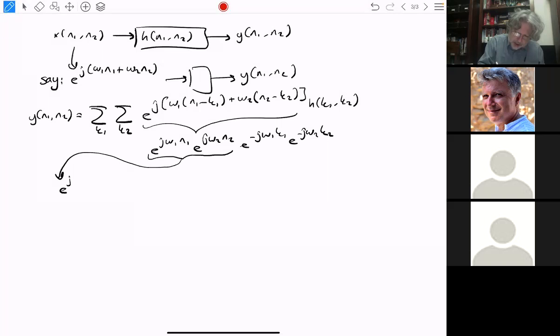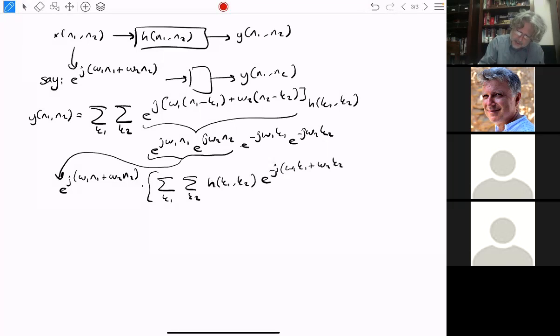E to the j in parentheses omega 1 n1 plus omega 2 n2 times, let me open a huge parentheses, it's a double summation of k1 and k2, let me first write h, k1, k2, e to the minus j in parentheses omega 1 k1 plus omega 2 k2.